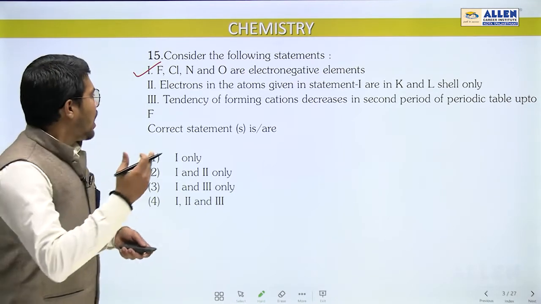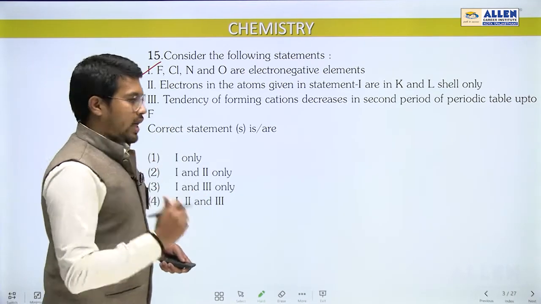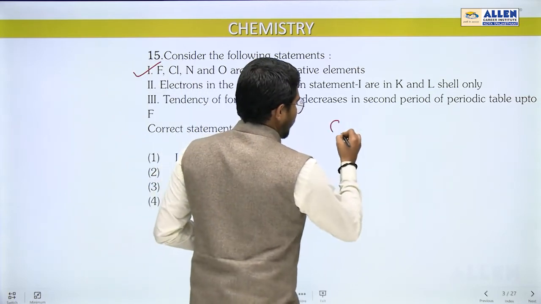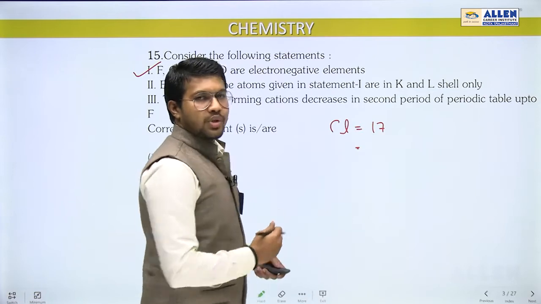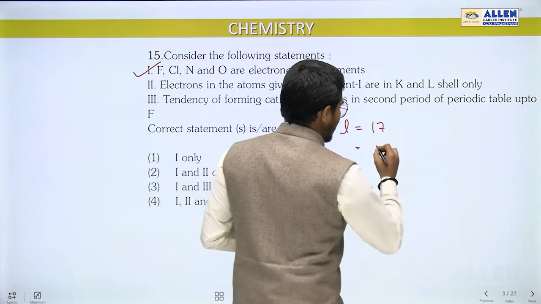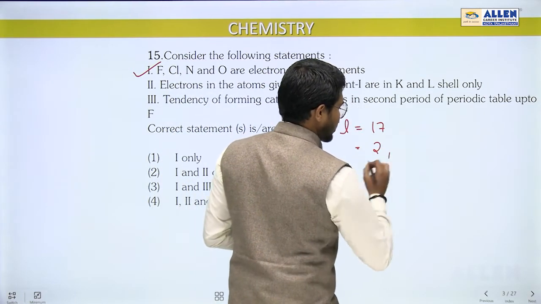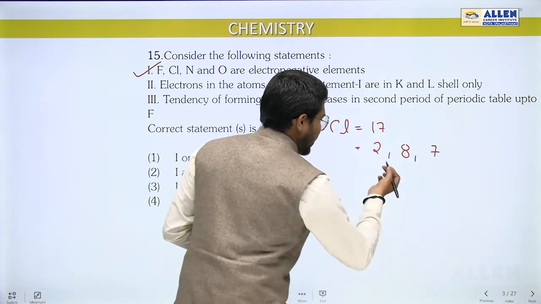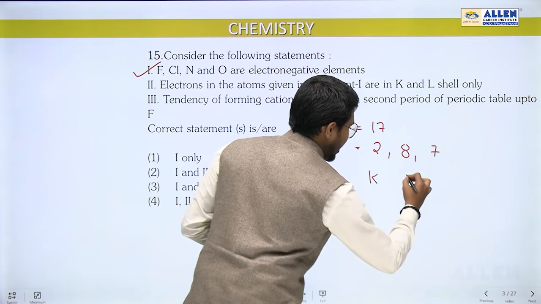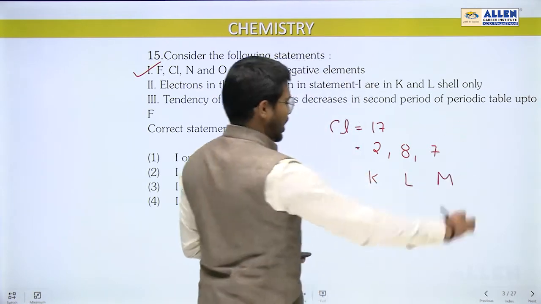We know that atoms contain electrons in different shells, starting from K, L, M in this way. Now if we talk about chlorine, the atomic number of chlorine is 17. If we distribute these 17 electrons in different shells, we get 2 electrons in the first shell, then 8, and then 7. We'll name these shells K shell, L shell and M shell.